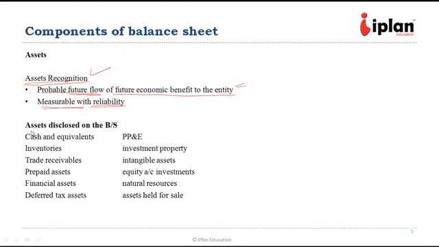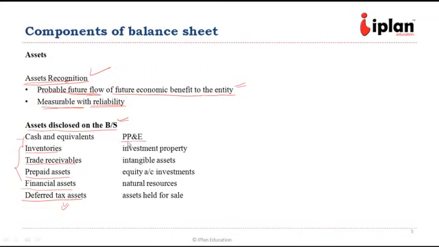So these are the types of assets which are disclosed on the balance sheet. Cash and cash equivalents, which are current assets, inventories, trade receivables, prepaid assets, all of these are also current assets. Then there could be financial assets, there could be deferred taxes. These are the taxes which are already paid but they are still not due, so they are assets.